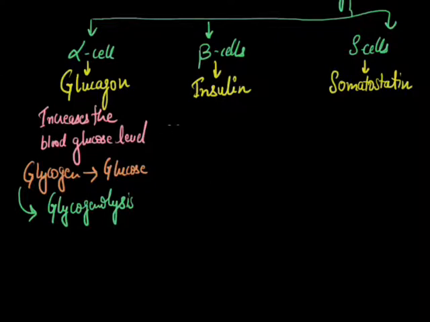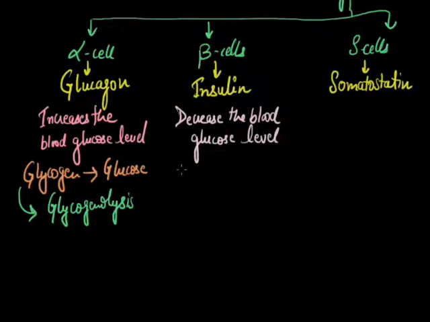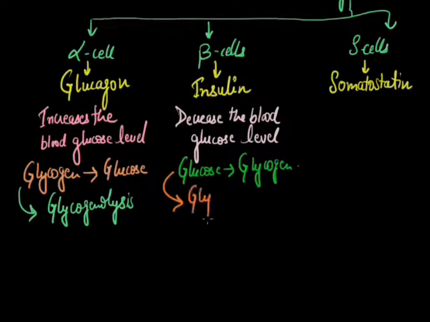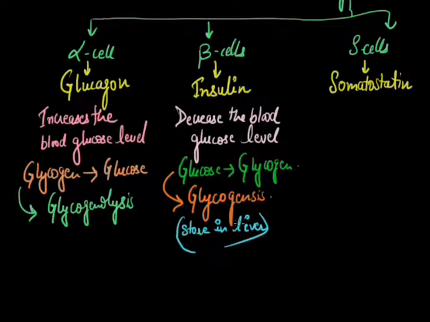While in case of insulin, it decreases the blood glucose level. That is, it converts glucose to glycogen, and this process is known as glycogenesis, that is formation of glycogen, and this is stored in the liver.